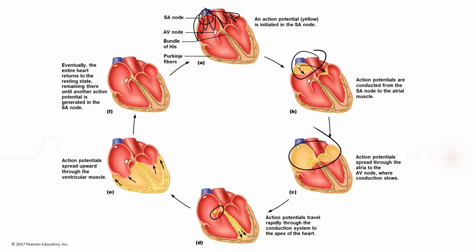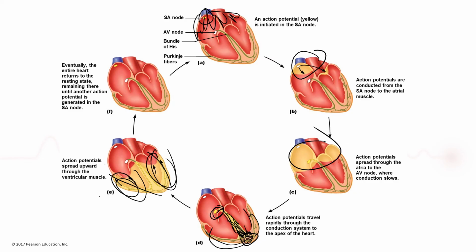From the AV node, the action potential propagates first throughout the interventricular septum, down towards the apex, and then from the apex up into the left and right ventricle. This is the general path that the action potential takes, from the AV node into the interventricular septum, down towards the apex, and then up towards the left and right ventricle.